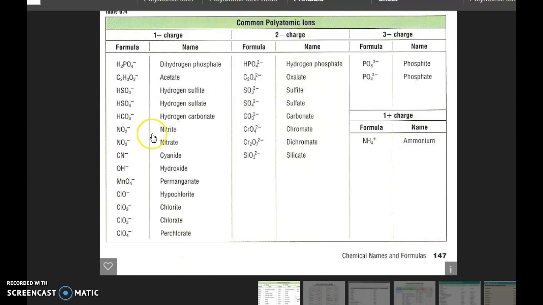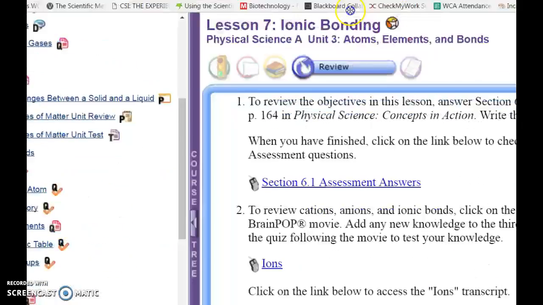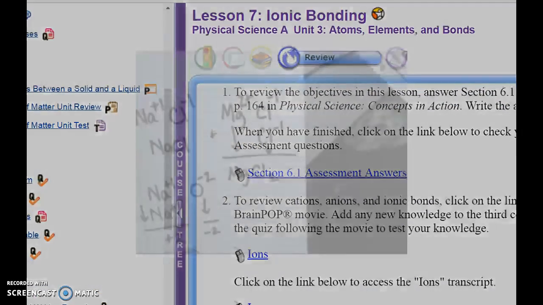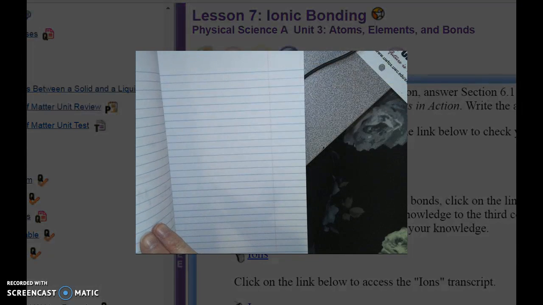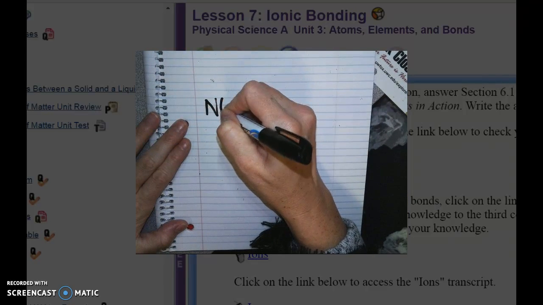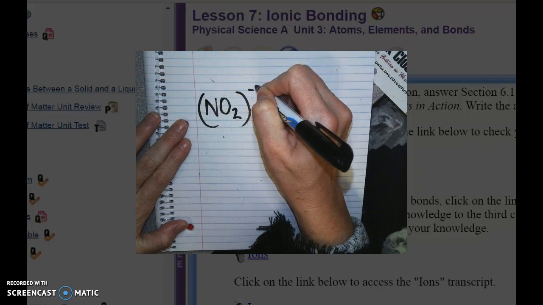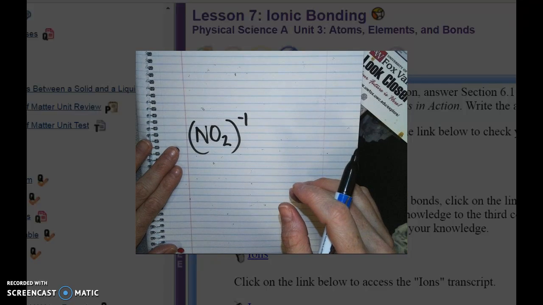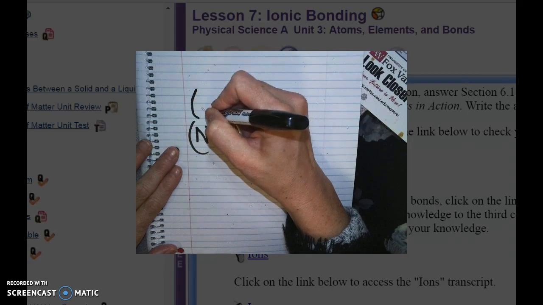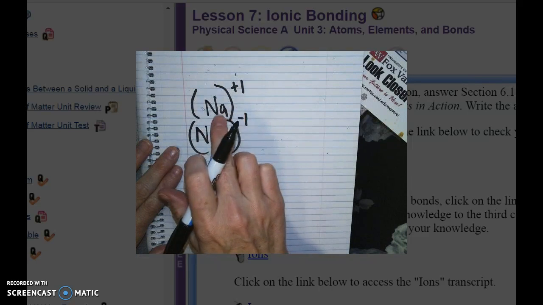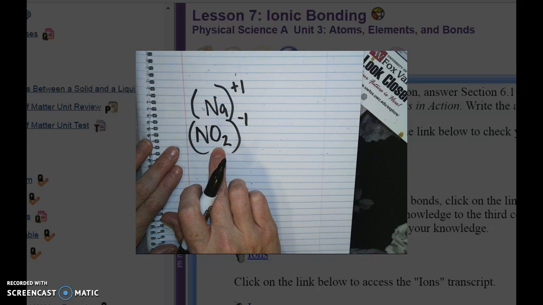Okay? Now if I want to go back to what I was doing before, if I have nitrite, that is NO2 with a -1 charge like that, I can bond that to something with a +1 charge. Say, for example, sodium again. So you have 1 sodium for every 1 nitrite.